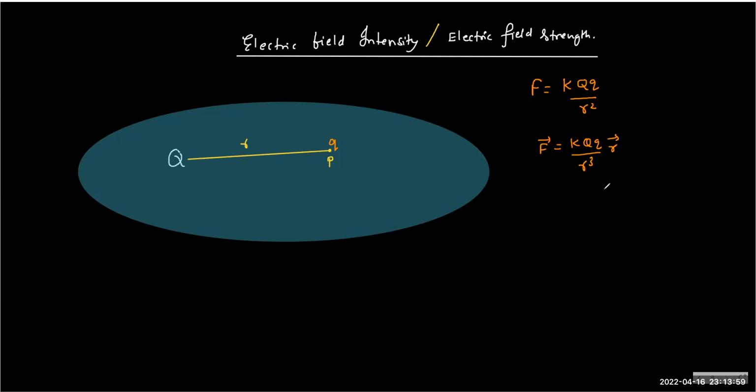Now to understand the electric field strength at a point P, the first step is to bring the test charge and calculate the force on the test charge. The force per unit test charge is called electric field intensity, and we must take the limit of the charge tending to zero.